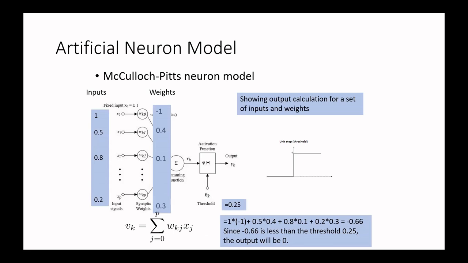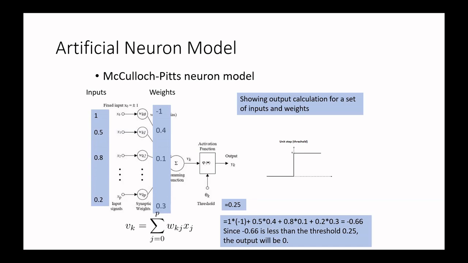Just to give you an idea how these calculations are done, I have a very simple example here. You can see that we have a number of input signals and their values are specified here, and also the weight values, which are shown in the second column in blue. We calculate the net sum, taking each input value multiplied by the corresponding weight value.